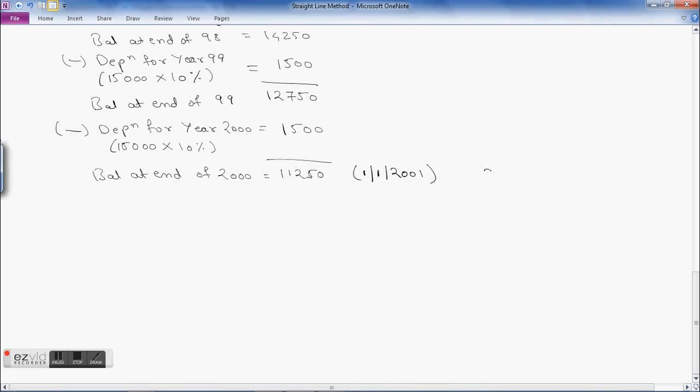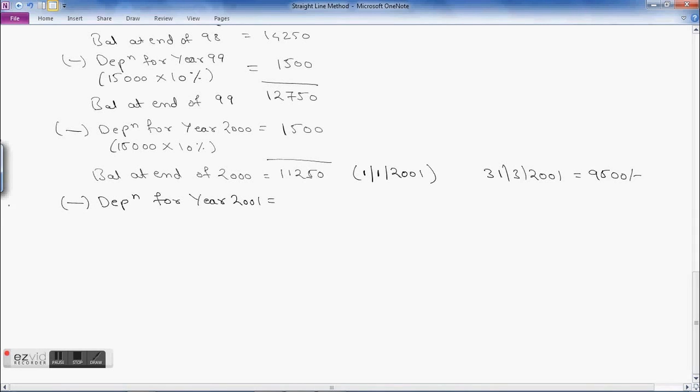The machinery is sold on 31st March 2001 for 9,500, right? So first we will calculate the depreciation and find out the balance as on 31st March 2001.